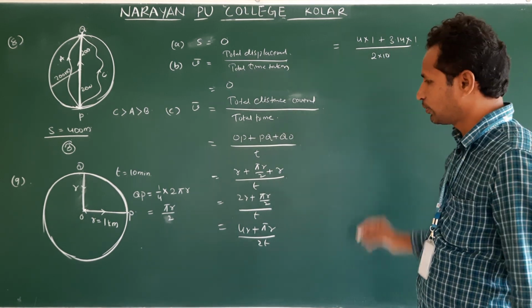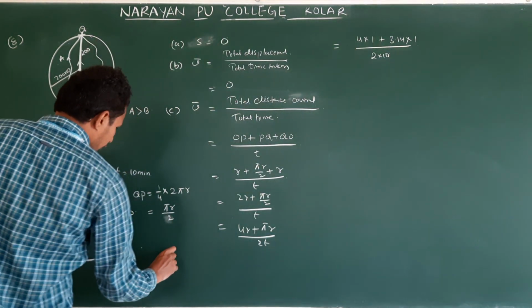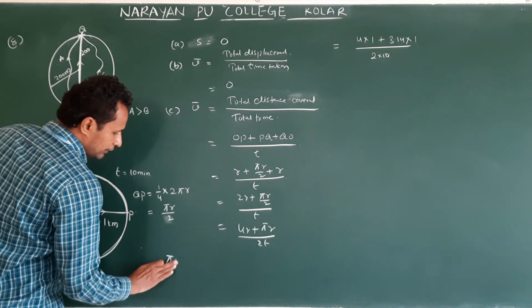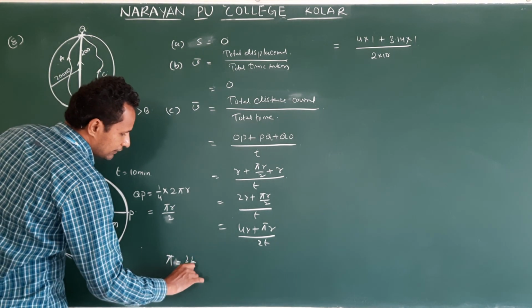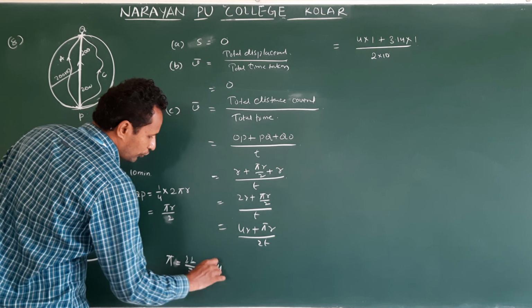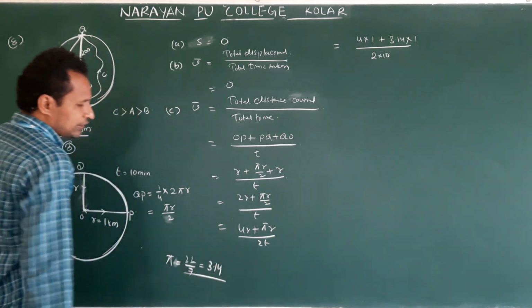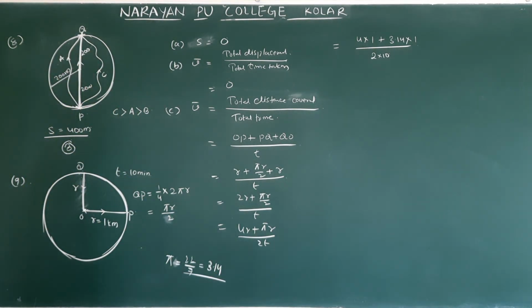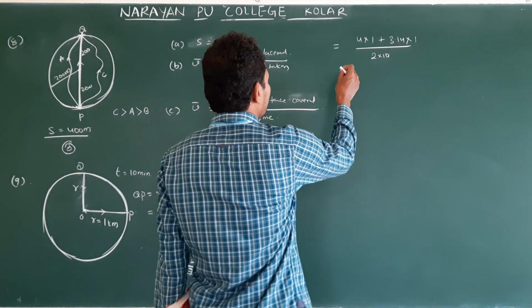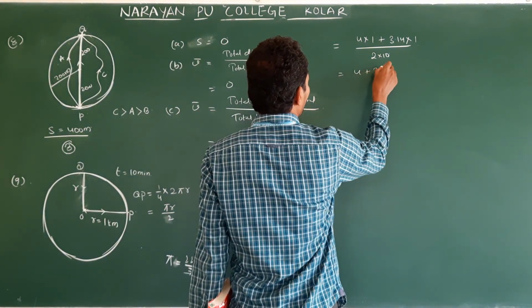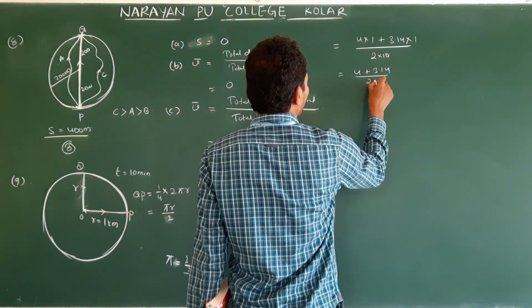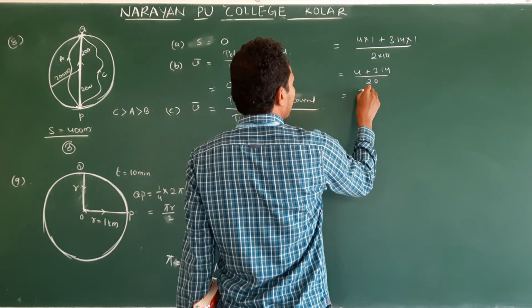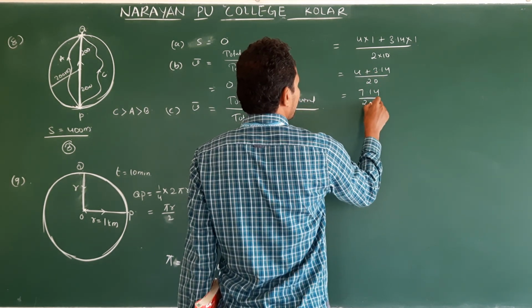Generally pi is 22 by 7, and this value is 3.14. That's your interest, 2 decimal places or 3 decimal places. So this is 4 plus 3.14 by 20, so 7.14 by 20.